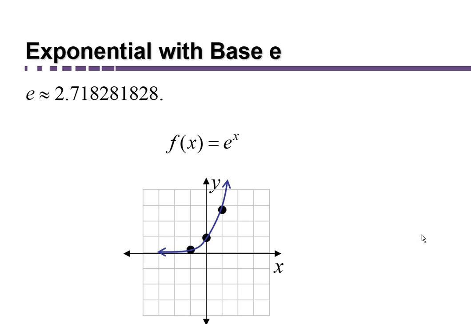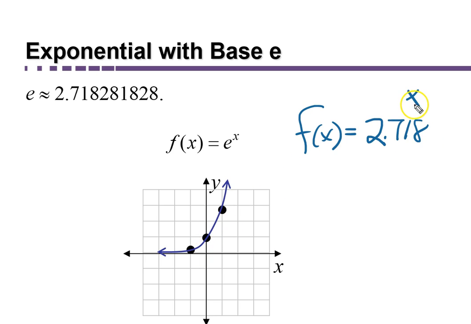Now, we had mentioned Euler's e, which has this value, and what would that graph look like? Well, very similar, except instead of this being a 2 to the x power, it's going to be 2.718 that we rounded it off to.